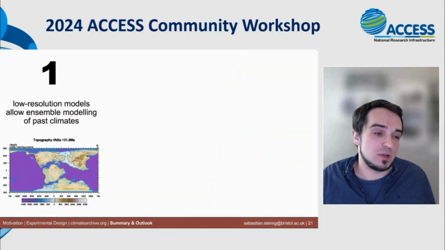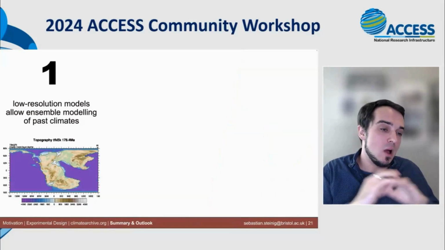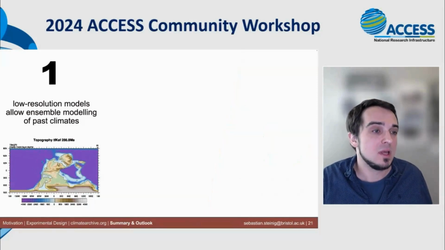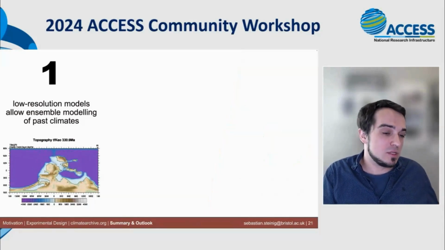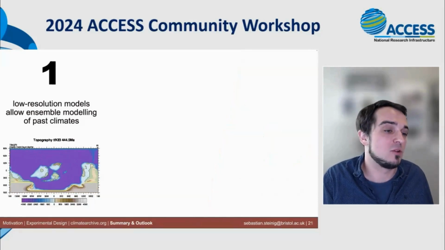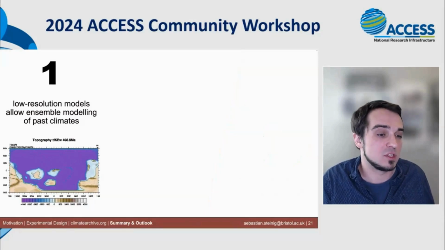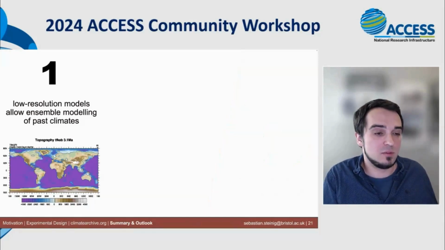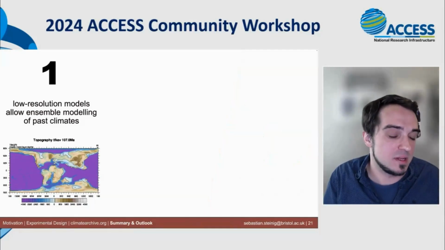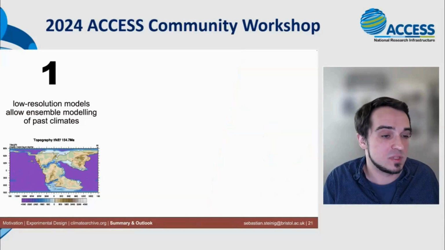I hope I showed you that we can really use these older low-resolution models, which still have a reasonably good mean state climate, and the current computational resources that we have allow us to perform really large ensembles of parallel climate model simulations. So hundreds or even thousands of simulations in quasi-transient fashion, or exploring parameter space.